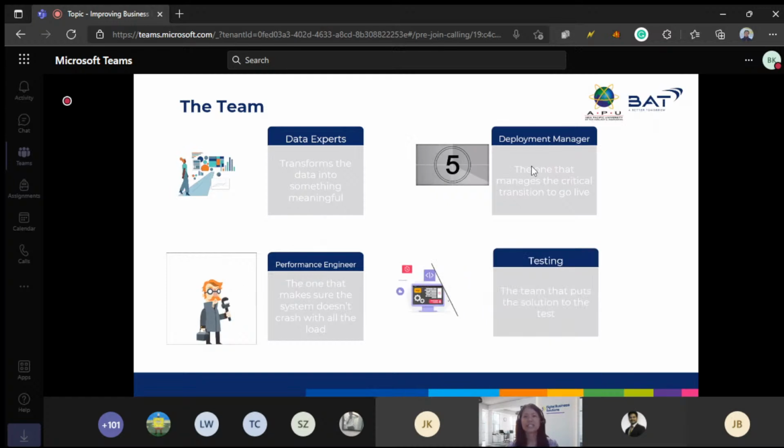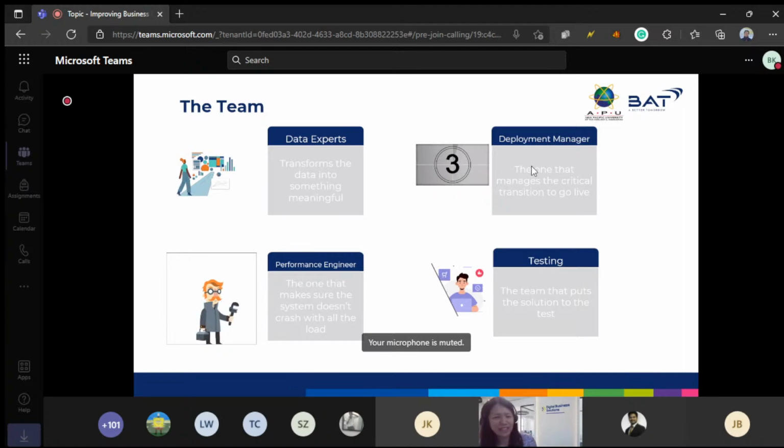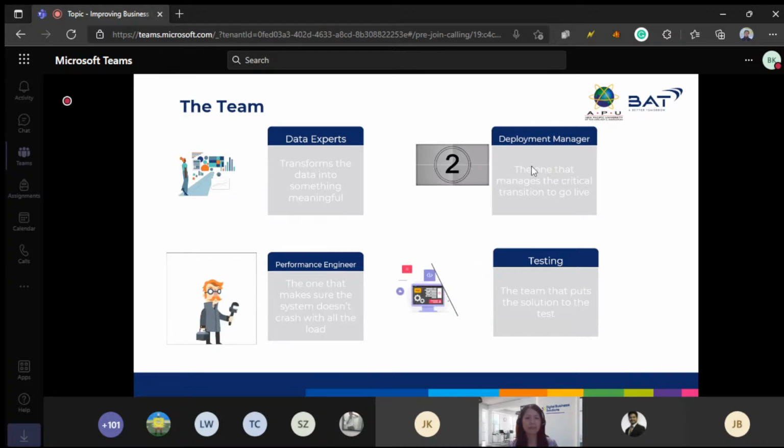And finally, testing. We also have a team in York's organization just focusing on testing, and that also shows how important testing is. Every change that is introduced into the system has to be rigorously tested as part of user acceptance tests, and also rigorously regression tested to make sure that we don't introduce something that will break the system.